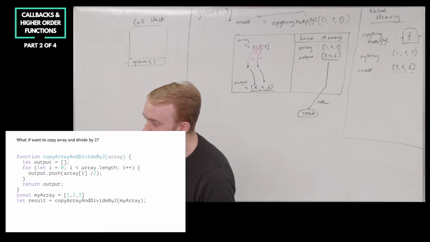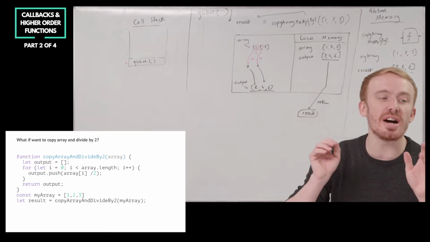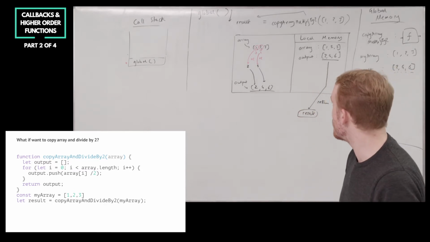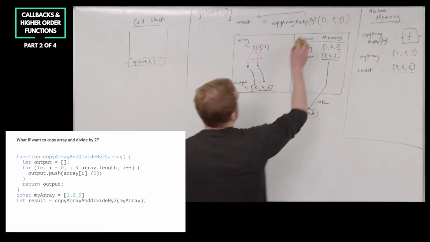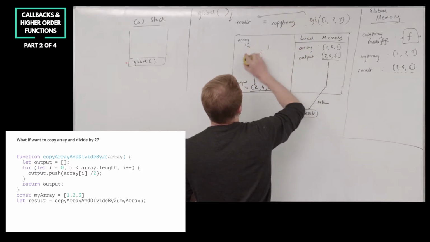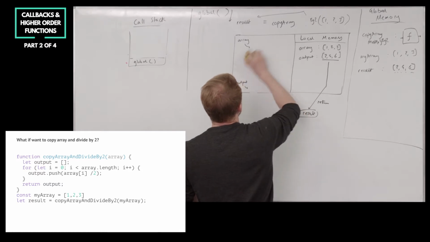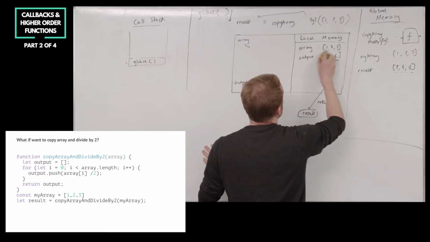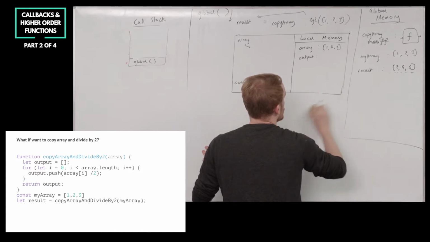So here we go. Copy array, and this time we're going to divide each element by 2. Not multiply each element by 2, but divide each element by 2. Line 1, I'm not even going to write it out again. I'm just going to erase the bits that change, just so we know just how little it is changing. So line 1, Z, what are we doing?